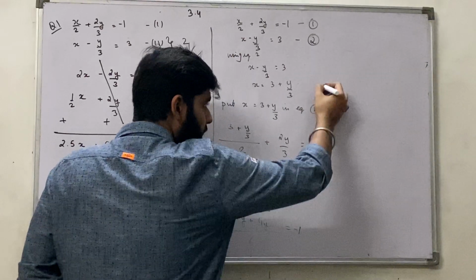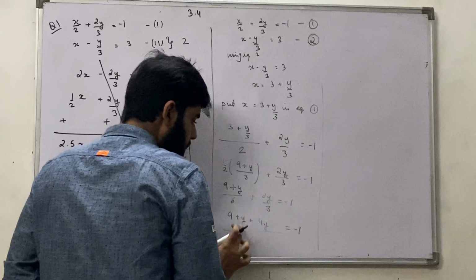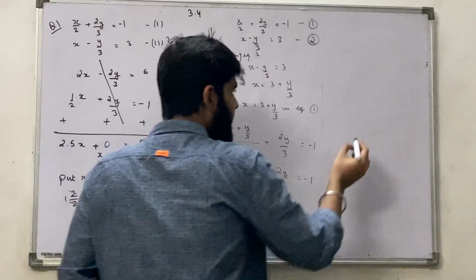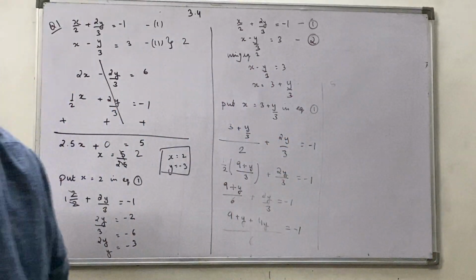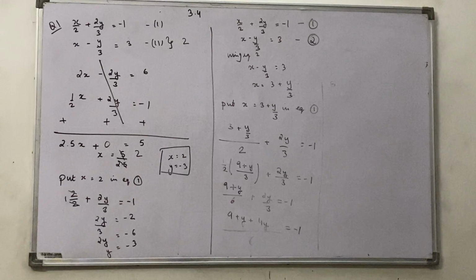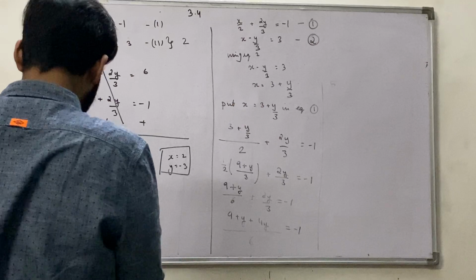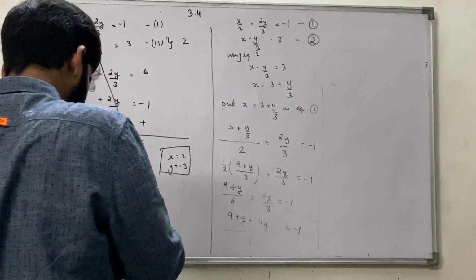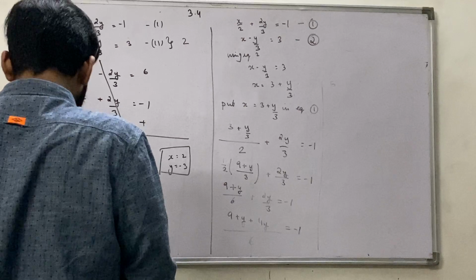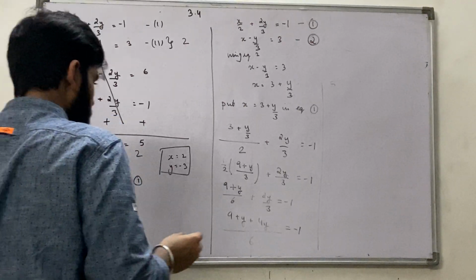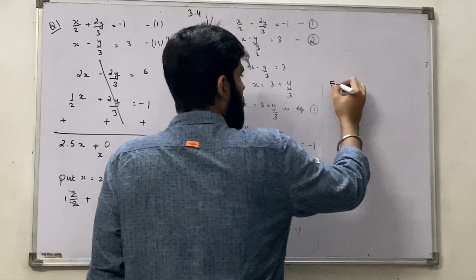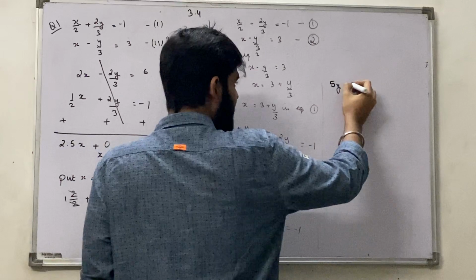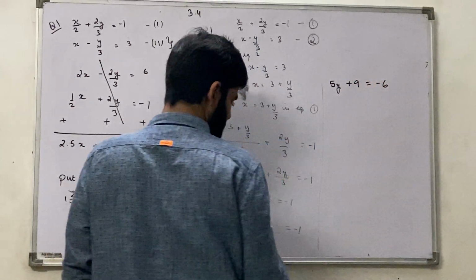This 6 will go and get multiplied over here. This comes out to be y plus 4y, that is 5y, plus 9 is equal to minus 6.